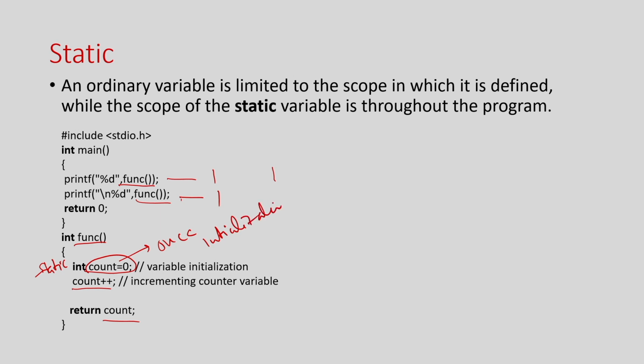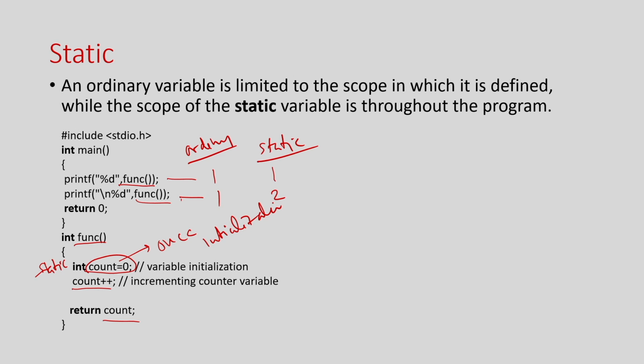Next time it remembers the value of count, which was 1, so count plus plus makes it 2 and it prints 2. This is for static, and this is for ordinary. Sometimes it is important to use static in our program, because sometimes we want to remember the old value.